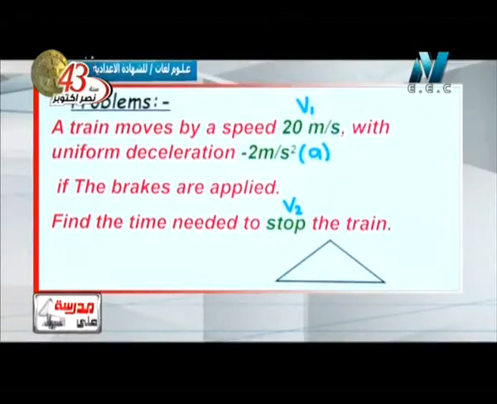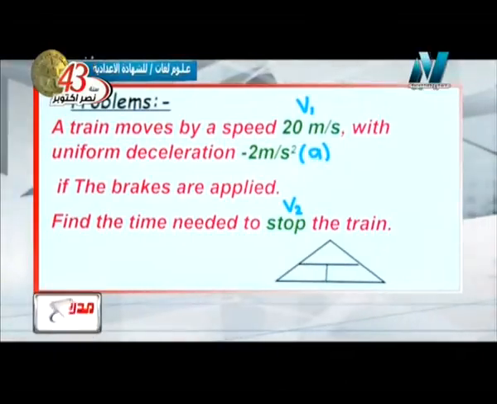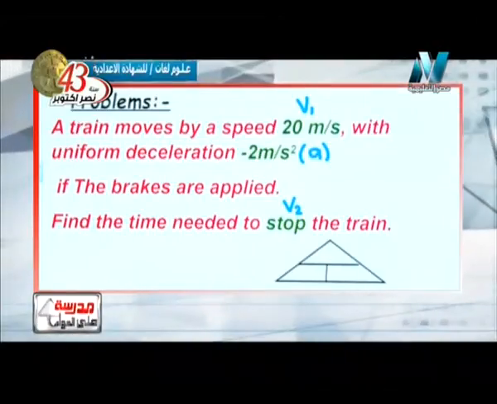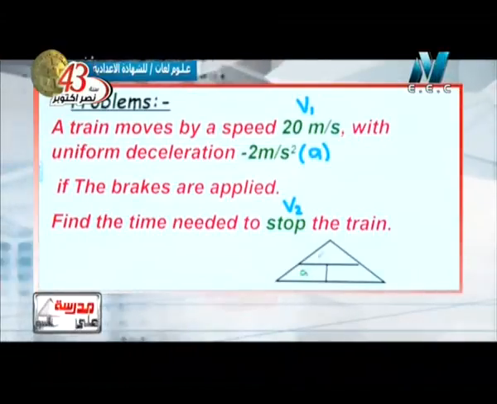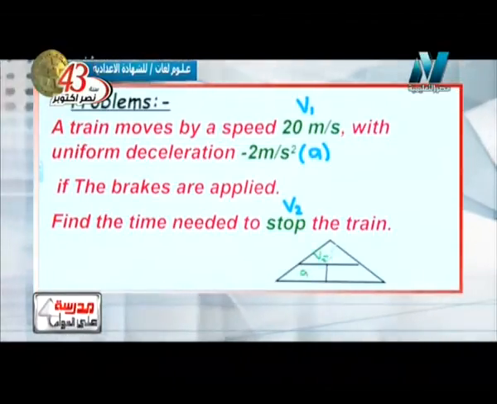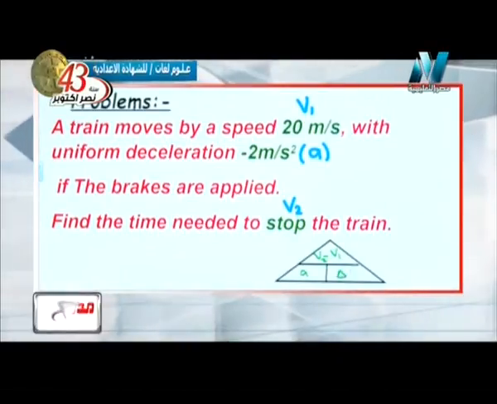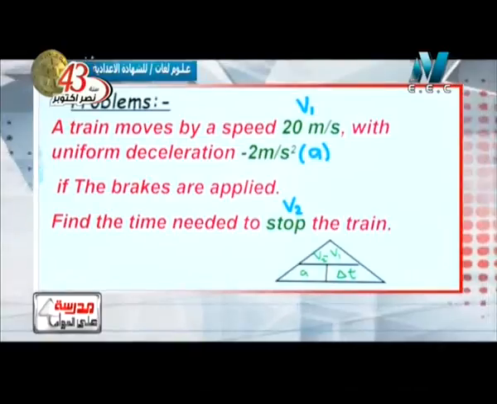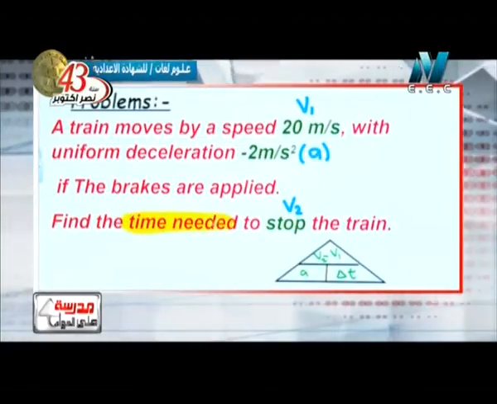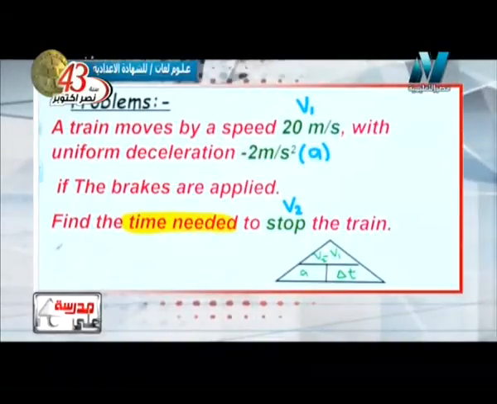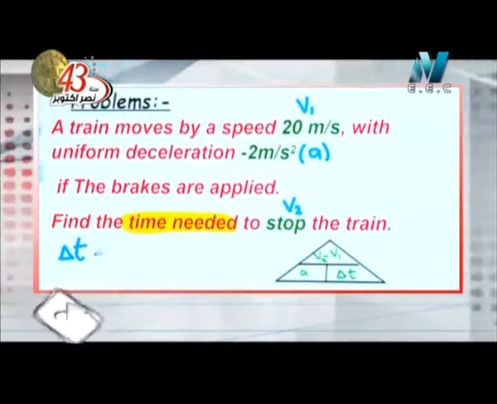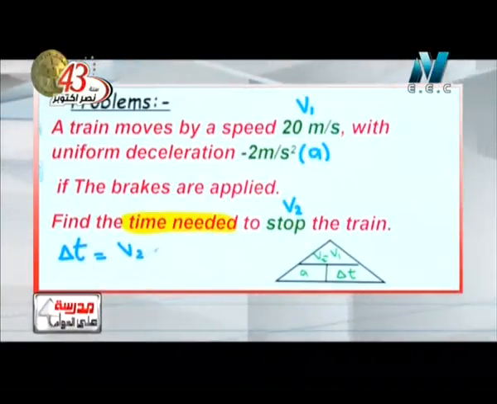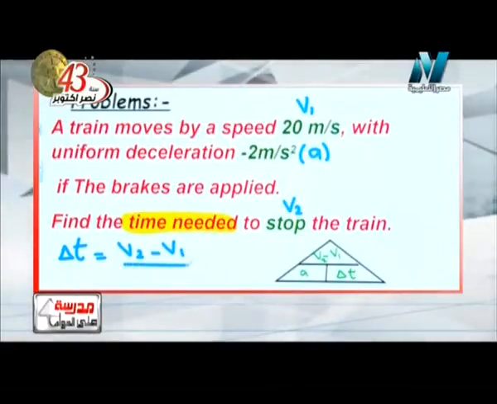We know A equals delta V over delta T, so A equals V2 minus V1 over delta T. Here we want to calculate the time needed, so time needed delta T equals V2 minus V1 over acceleration.